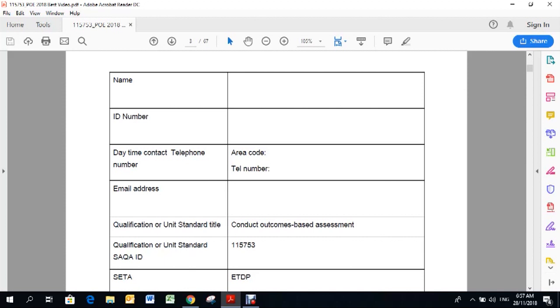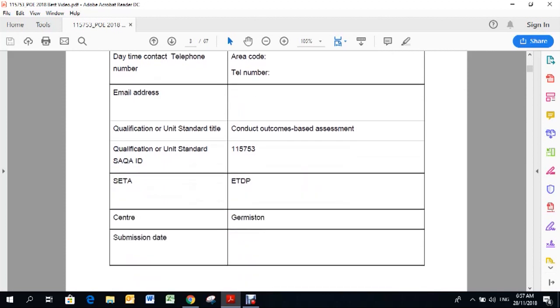Your telephone number or a cell phone number. If you don't have that landline number or office number, you write your cell phone number or an alternative cell phone number. You write your email address here. It's very important to write your email address correctly, because the email address is what we use to communicate with most of our learners.